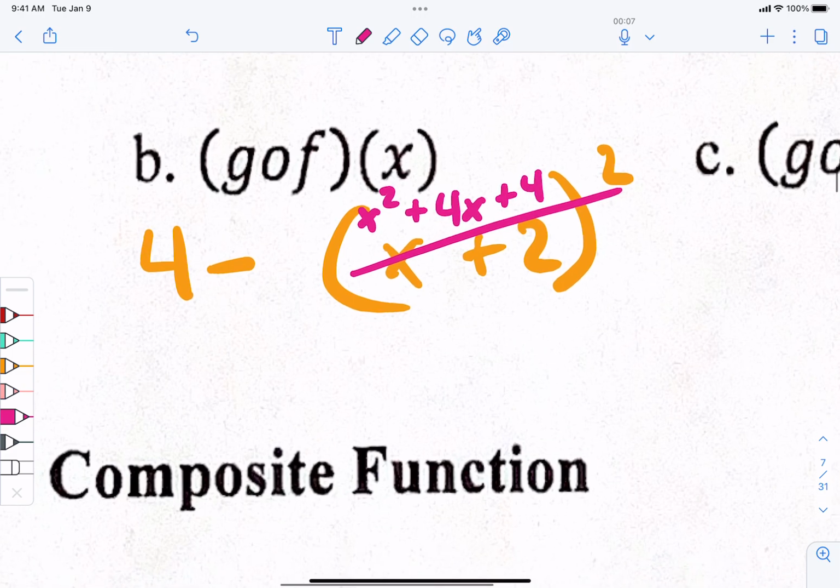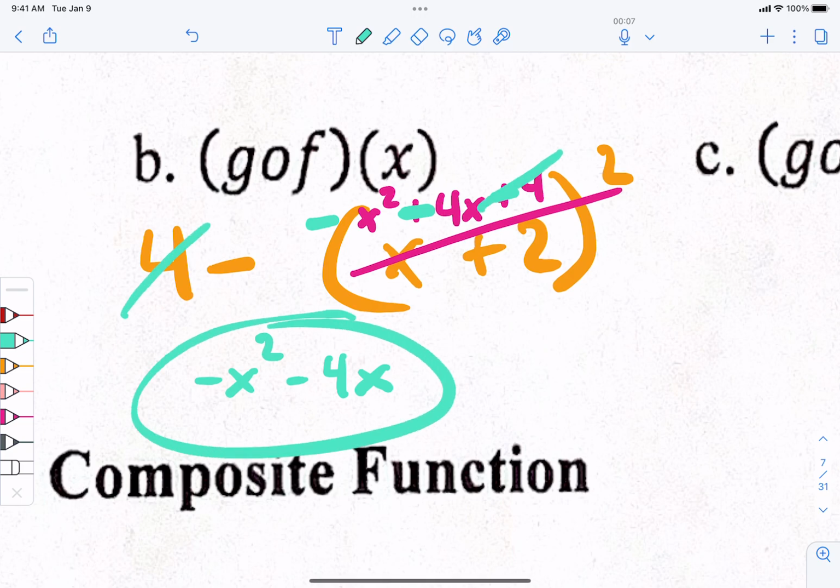But then we have to distribute the negative through. So this actually becomes negative x squared minus 4x minus 4, right? Okay, and then we combine like terms. So we've got negative x squared minus 4x, and then the 4 and the minus 4 cancel. So that's it.